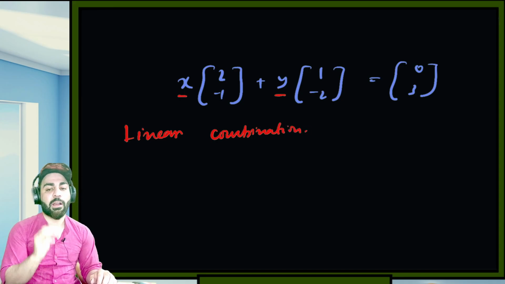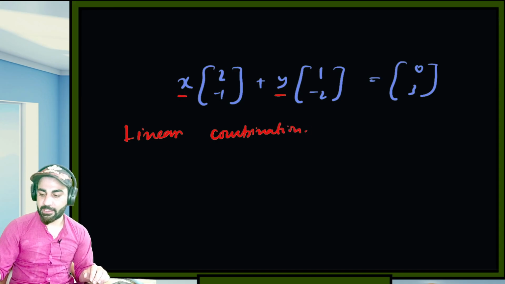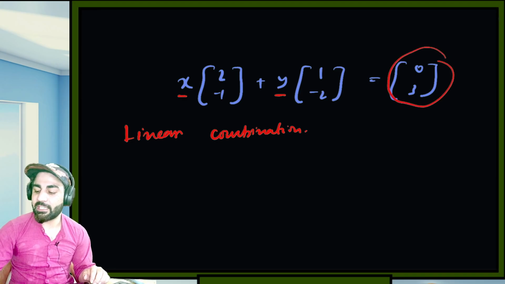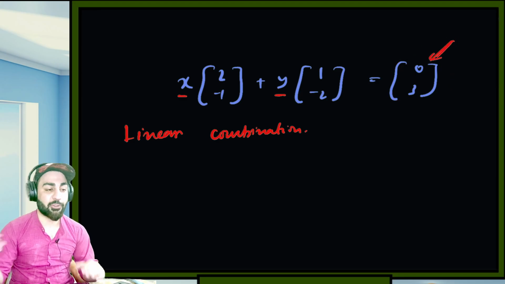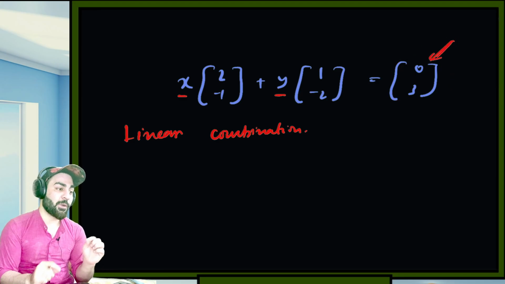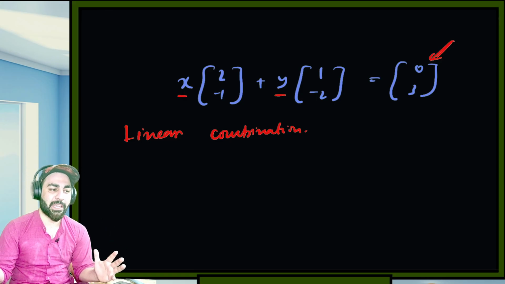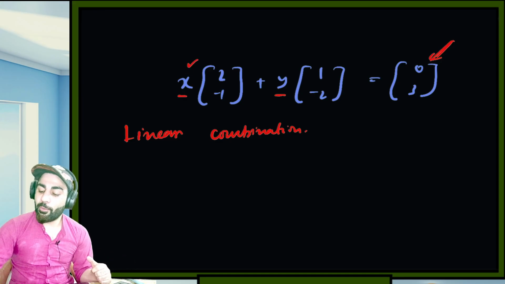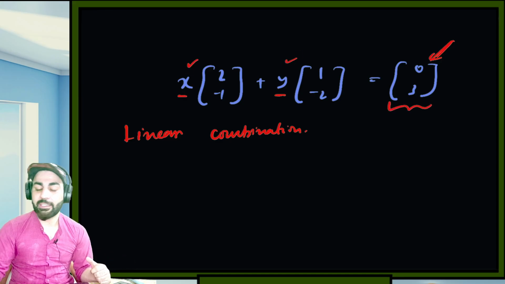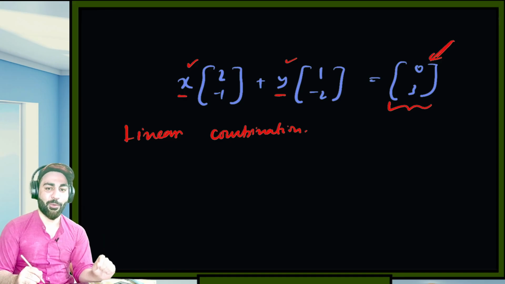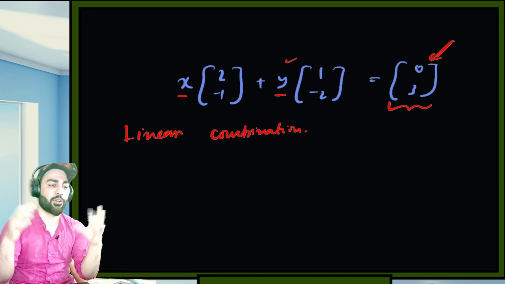How do I combine these vectors so that I land at this vector? I have (2, -1) and (1, -2), and I have to get to this vector. That should be my resultant vector. That's why scalar multiplication and addition was important, because these things are just scalar multiplication and addition. So what combination should I take so as to land at this vector? That combination is called a linear combination. Why linear? Because you are just taking linear multiples, you are not giving it in powers.